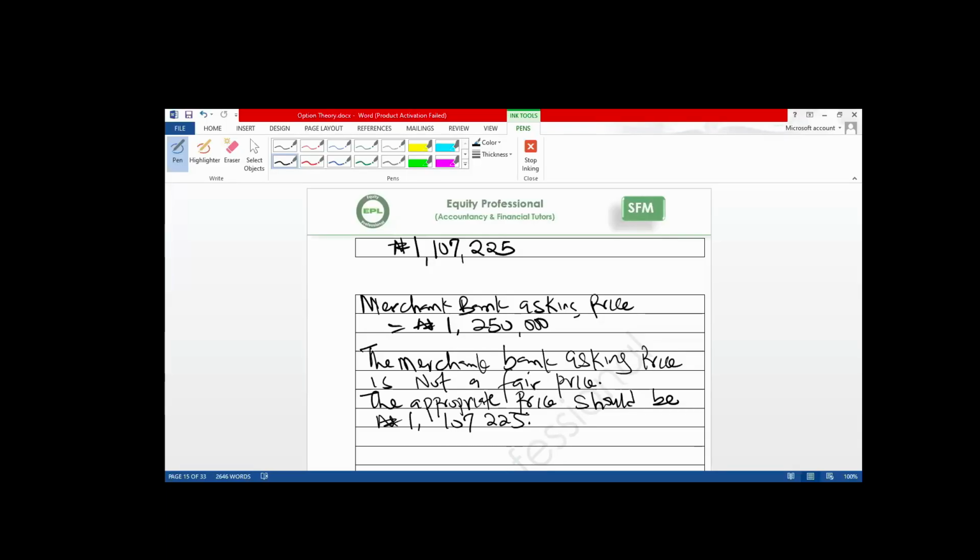The examiner is just asking option, option, option. Even the 2024 May diet, it was a 30 marks question on option theory. So my take is, in as much as I'm going to write the exam, I'm going to study that thing.